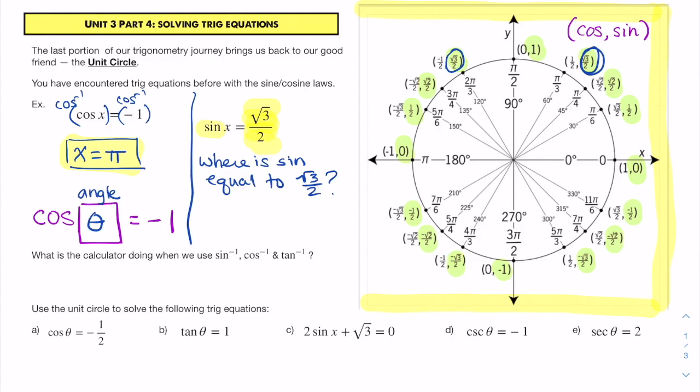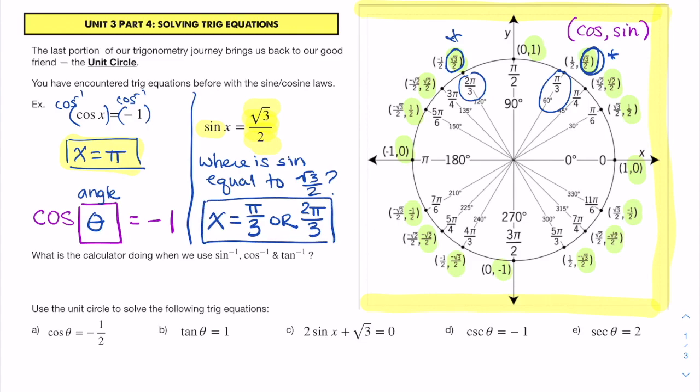Okay, so this is option 1, and here's option 2. So we have to list both when we are stating the answers. So x can be either, let's see, this one is at pi over 3, or, what's this one? 2 pi over 3. Okay, so notice with this one there are two answers.